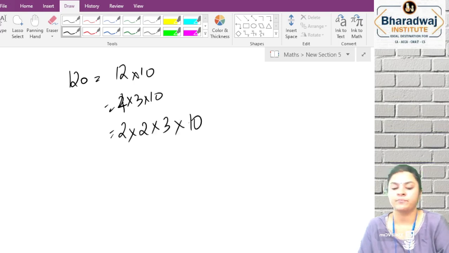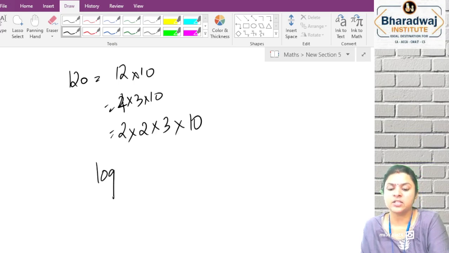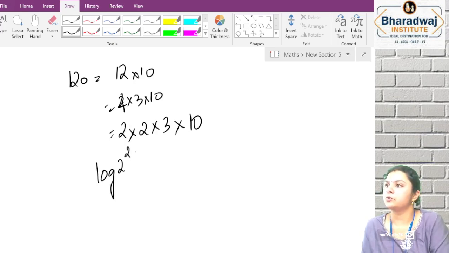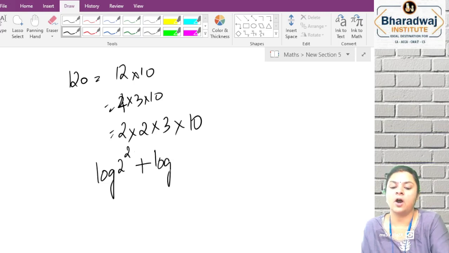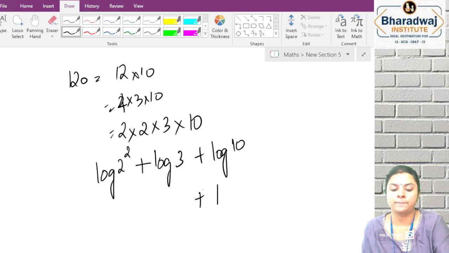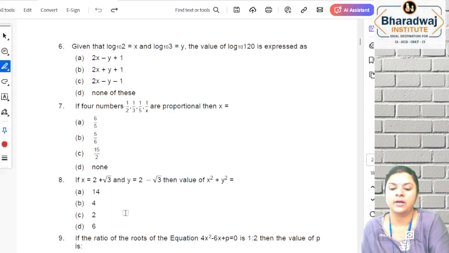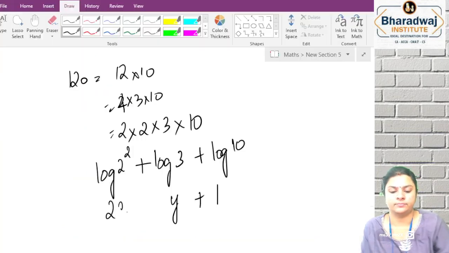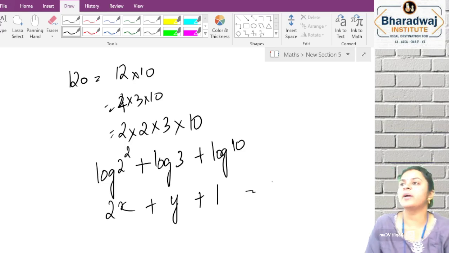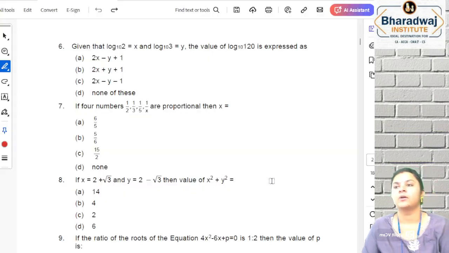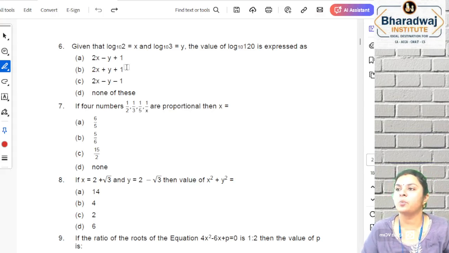So this will be log 2 square plus log 3 plus log 10. Now log 10 to the base 10 is equal to 1. Log 3 is y. Log 2 square can be written as 2 log 2, which is 2x. So the answer is 2x plus y plus 1.